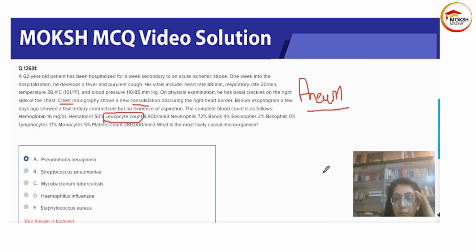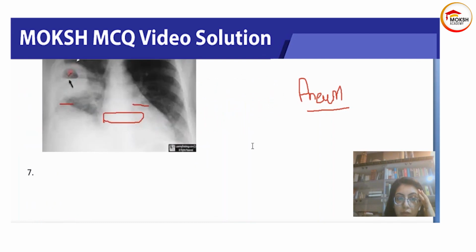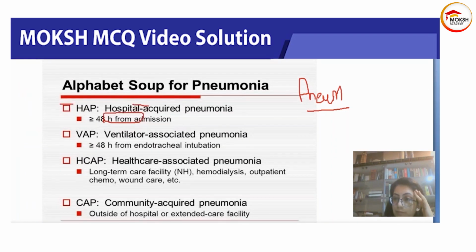It's important to understand that pneumonia can be classified into various types. If a patient comes to hospital and after 48 hours in hospital he develops pneumonia, the patient should not come with pneumonia.